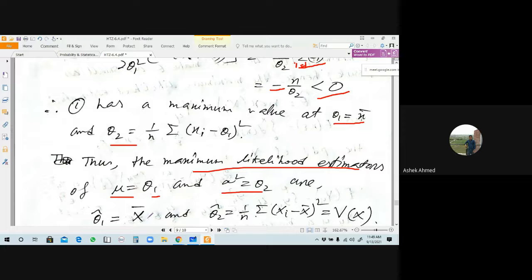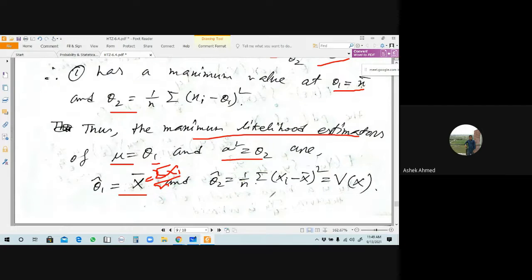So this will be summation of capital Xi by n, and theta 2 cap will be 1 by n summation of (capital Xi minus x bar) whole square. We can say that this will be the variance. Understand this is the result here.